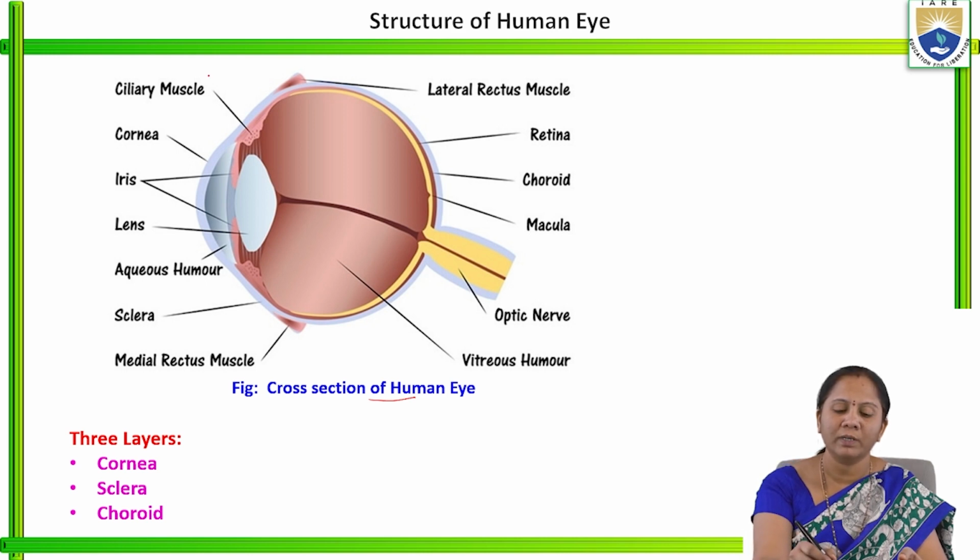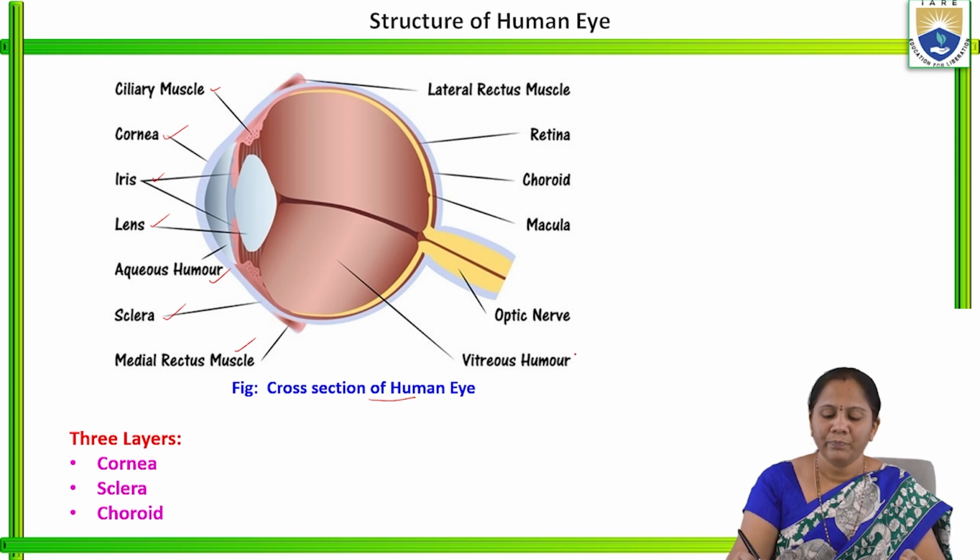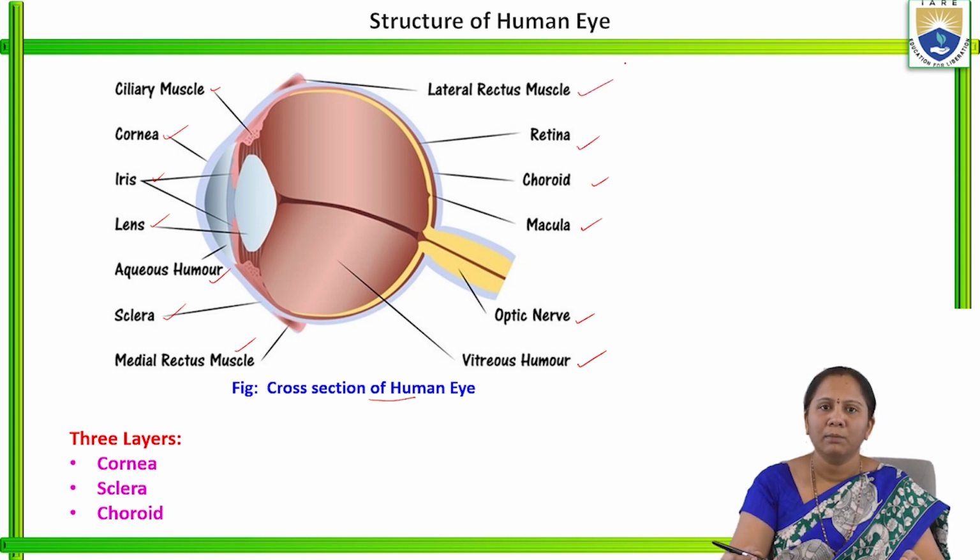It consists of different parts like the ciliary muscle, cornea, iris, lens, aqueous humor, sclera, medial rectus muscle, vitreous humor, optic nerve, macula, choroid, retina and lateral rectus muscle.